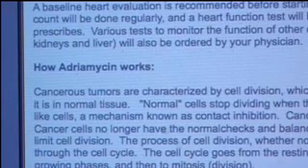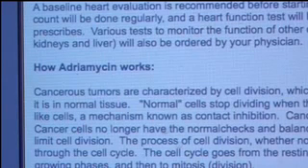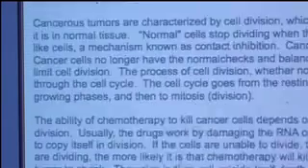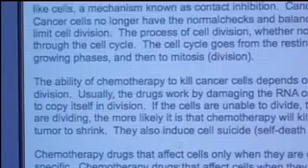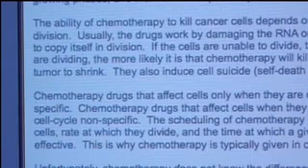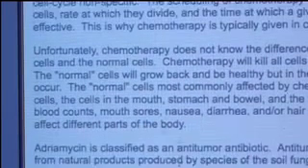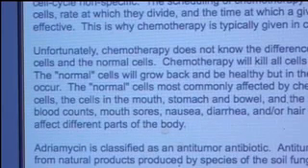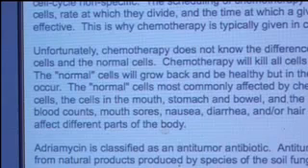Now here I'm going to share with you a crash course in understanding this adriamycin, or these chemotherapy drugs. It tells you here how they work. If I come down here a little bit further, there it is on your screen, it says, unfortunately, chemotherapy does not know the difference between the cancerous cells and the normal cells.